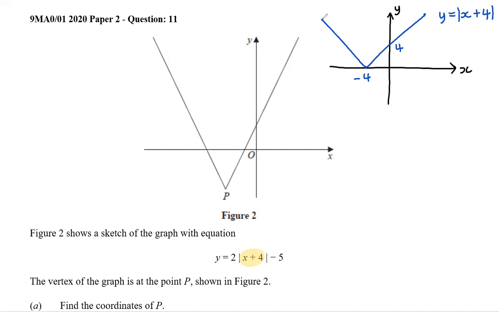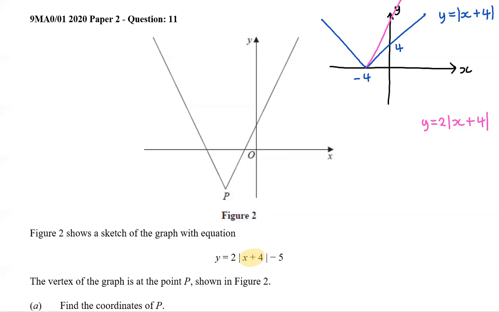Now, the second instance would be if I want to perform a vertical stretch. So suppose I want to sketch this function where we take the modulus of x plus 4 and we double our y values. Now, when that happens, we're going to get this kind of thing happening.